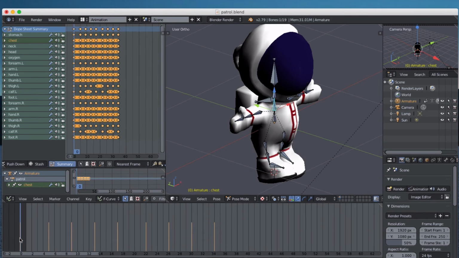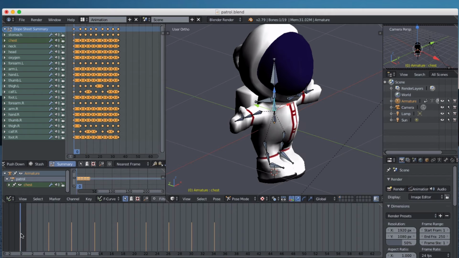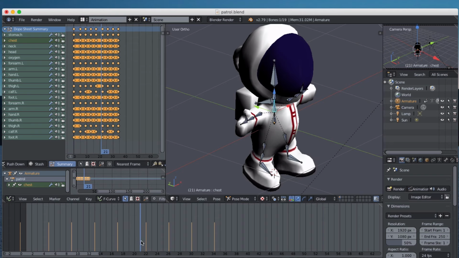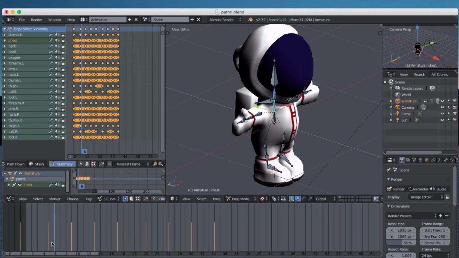What you want to do is you want to interpolate the data between each keyframe so that your animation looks more smooth. The interpolation that I'm talking about is basically all of this data that you see here in between the keyframes. So if I were to play the whole animation, you will see that now the whole animation is smoother and you can actually make out what it represents.